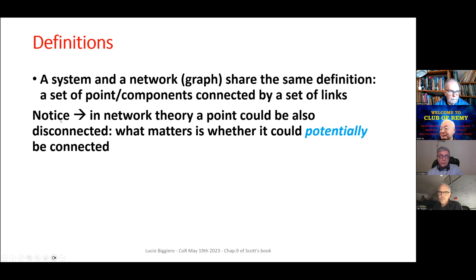Okay. So my first notice is that in network theory, a point could also be disconnected. So what matters is whether it could potentially be connected.